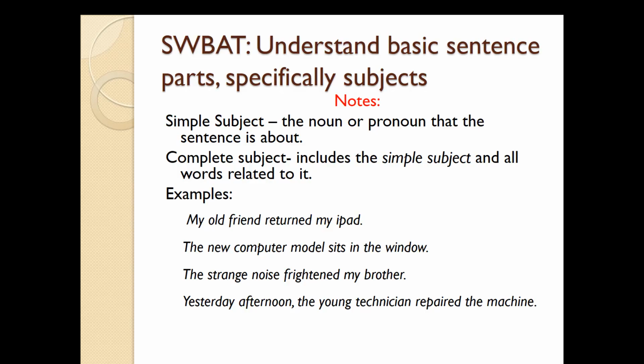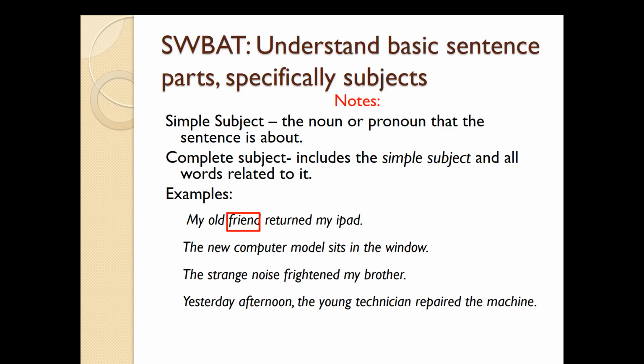To find the simple subject, I ask myself, well, who or what is this sentence mostly about? Or who is it that is doing the action of this sentence, which is returning an iPad? Well, the answer is friend. Friend is the simple subject of this sentence.